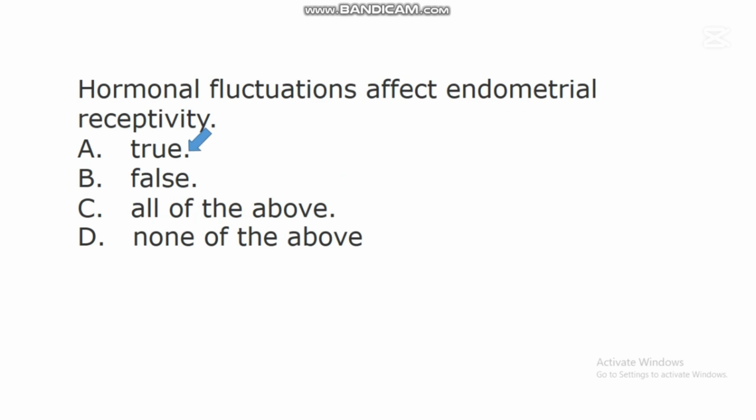Hormones play a great role in endometrial receptivity. So hormones regulate the changes that the endometrium undergoes in order to receive the fertilized egg. So when there are hormonal fluctuations, it can affect this endometrial receptivity very well.